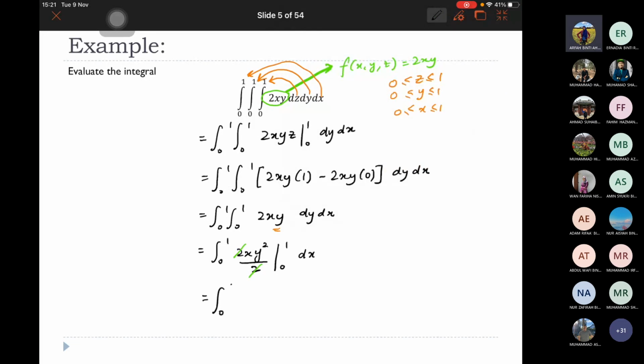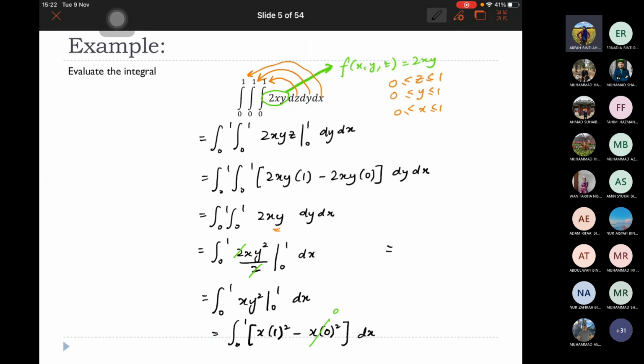Sama dengan integral 0 to 1 of x y squared from 0 to 1 dx. Sama dengan 0 to 1, x darab 1 kuasa 2 tolak x darab 0 kuasa 2, dx. Then you are going to have x multiply with 0, yang ini akan jadi 0 here.